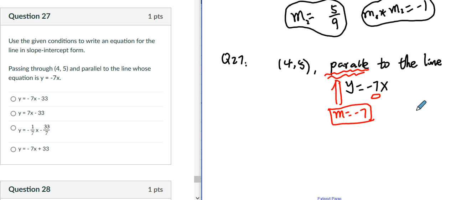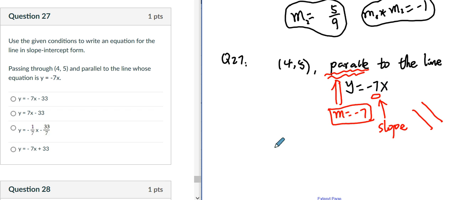When two lines are parallel, the rise over run should be the same. Since here we have y equals -7x, we know this is the slope. Then the line we're going to find has the same slope, -7.